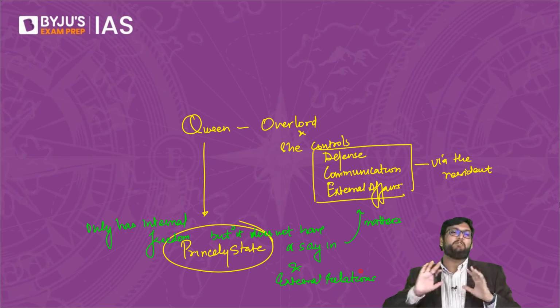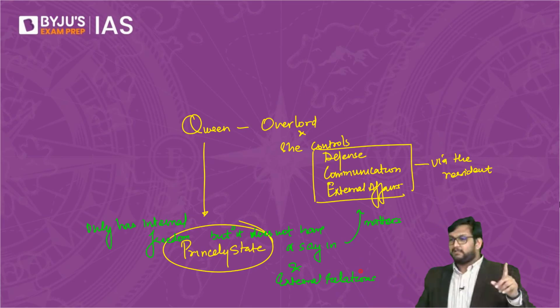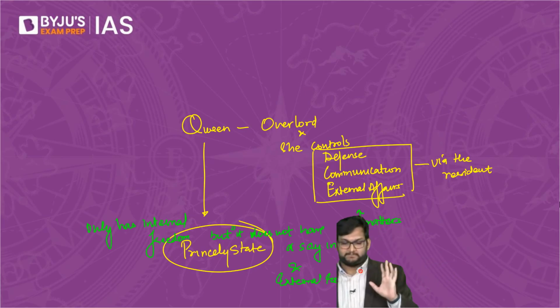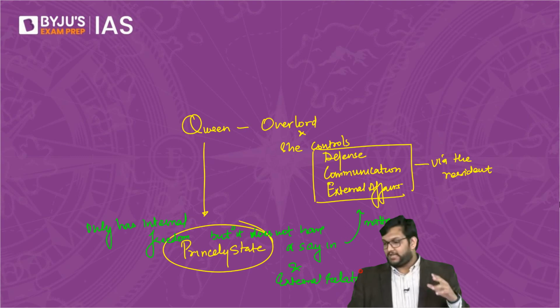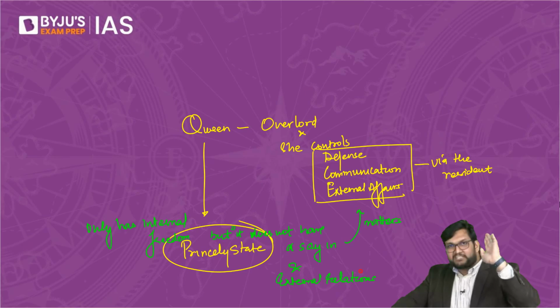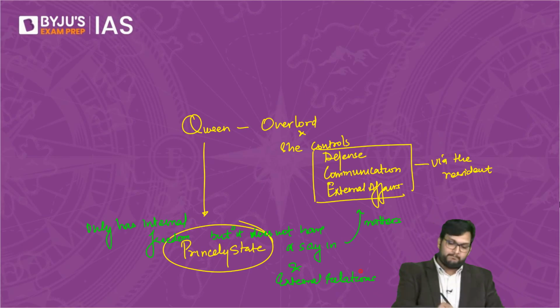Internal freedom means that they can do anything. They want to burn the palace, burn the palace. But that palace burning should not impact the British. It's a land of princes, princely state, prince, king. These are the old reminiscents of the Mughal Empire. So basically, it's a major compromise.